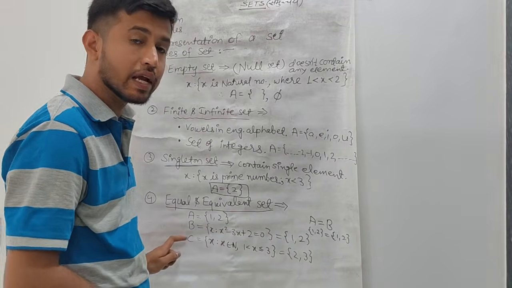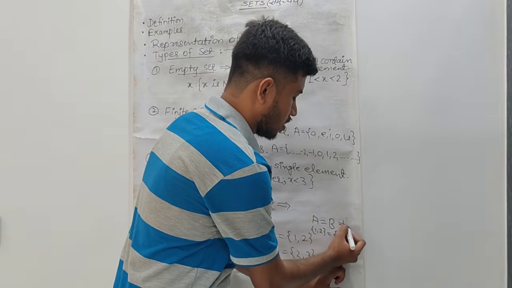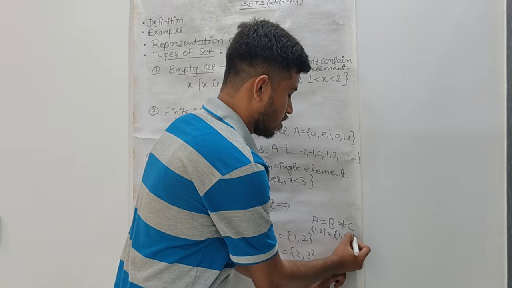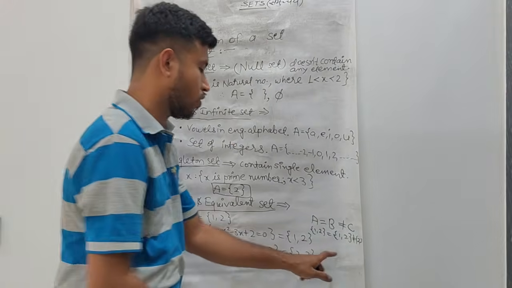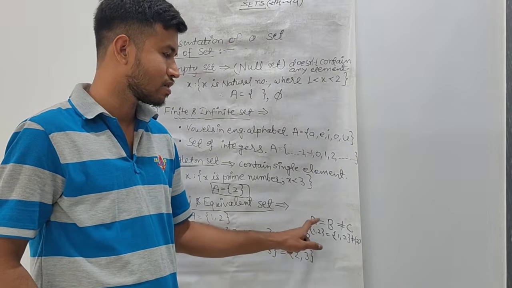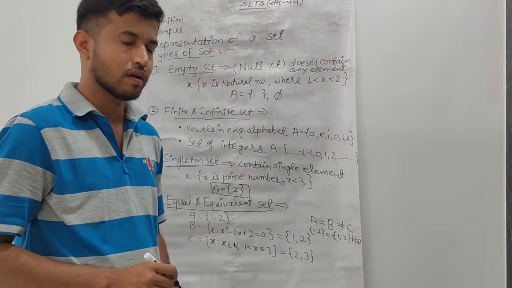Here A, B and C: A is not equal to C, which is 2, 3. A is equal to B but not equal to C. So A and B are equal sets.